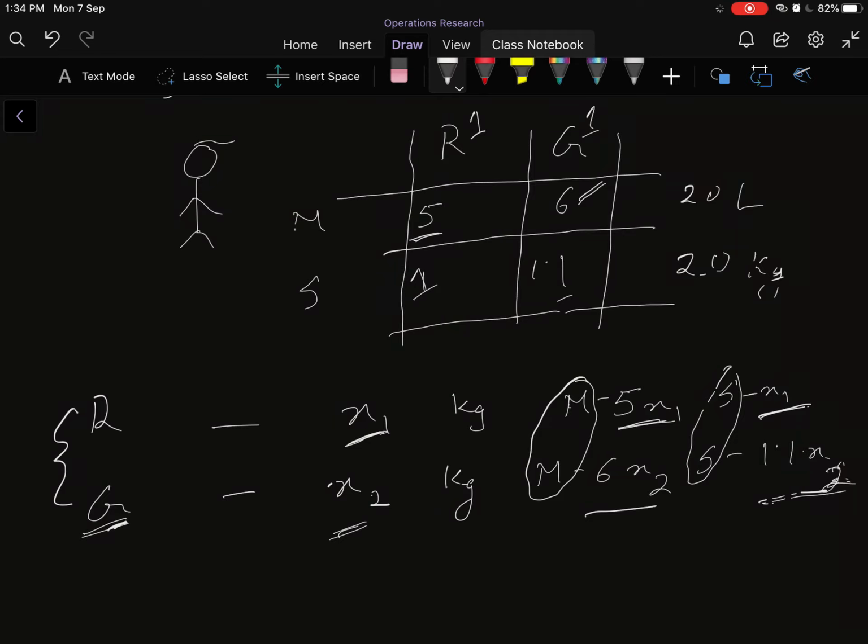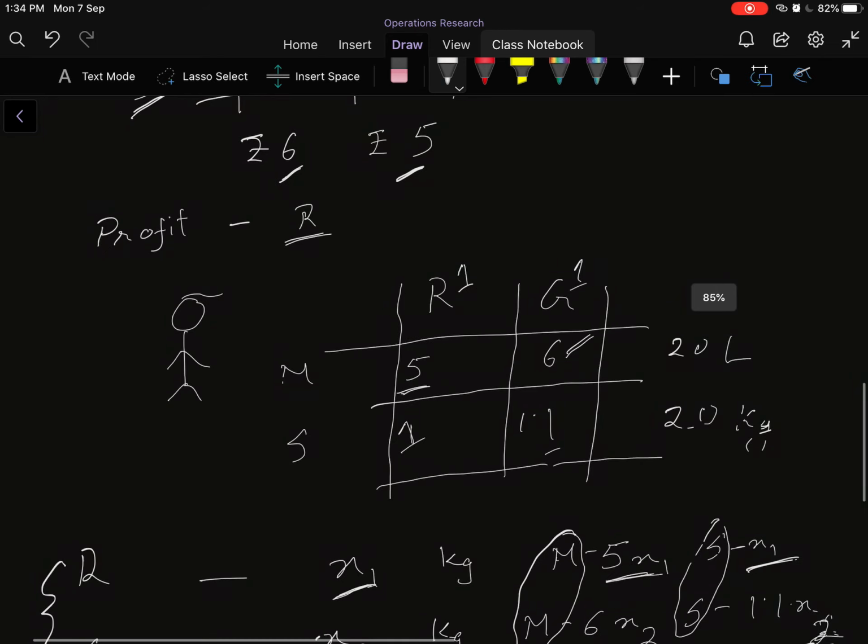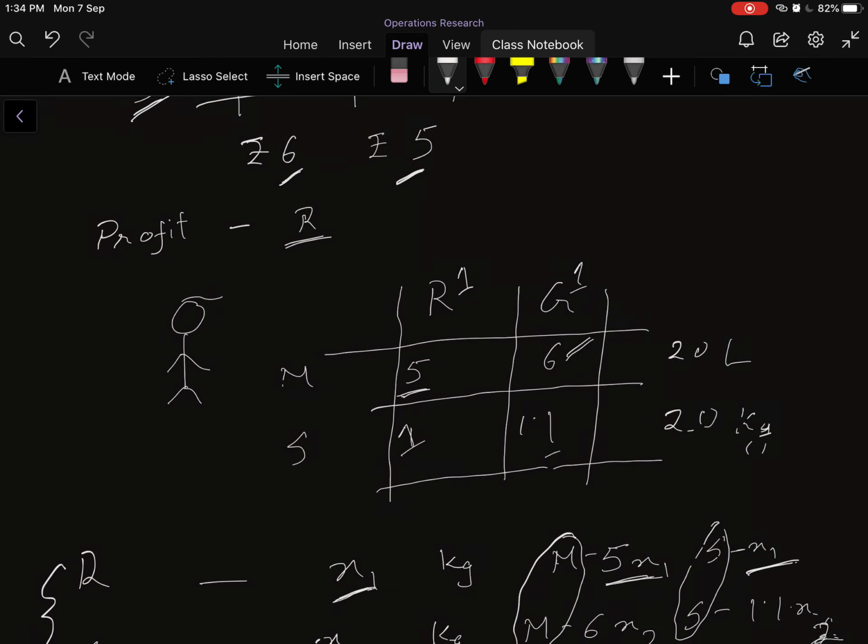But still, he is a businessman, so his decision would be driven by the amount of profit that he makes. So let's say that by selling 1 kg of gulab jamun, he makes a profit of, let's say, 40 rupees. And by selling 1 kg of rasgulla, let's say that he makes a profit of 60 rupees.